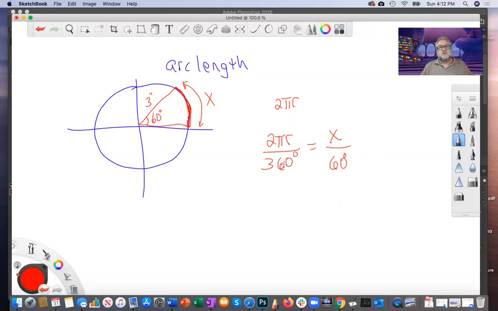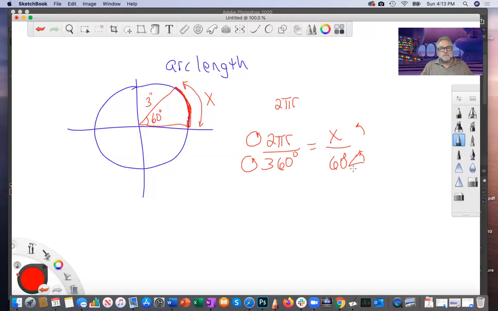So I can use this ratio to figure out what fraction of the circle I'm really looking at here. All the way around the circle is the circumference and the degrees; only partially around the circle, because I have this angle that only creates a partial arc length.